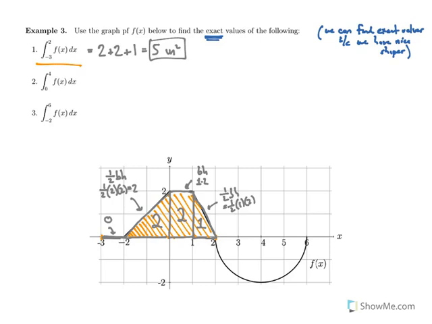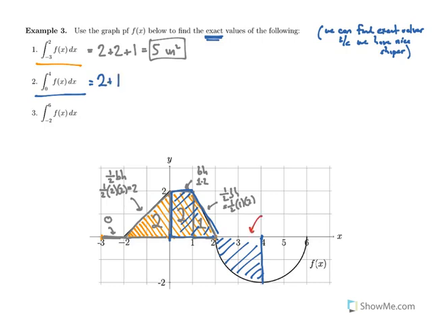Now let's go from 0 to 4. So we're going to look at from 0 all the way to 4. We're going to have these two chunks in there, and then also this negative chunk below the x-axis, which is going to be a part of a circle. So we already know that we have these positive chunks, this 2 plus 1, the rectangle plus the triangle.